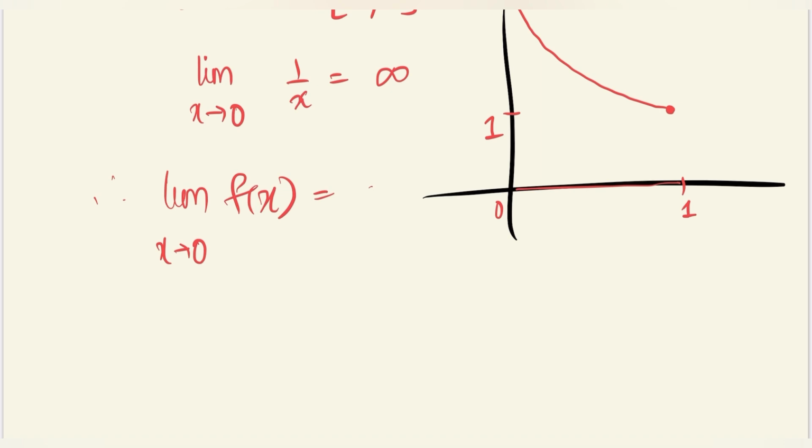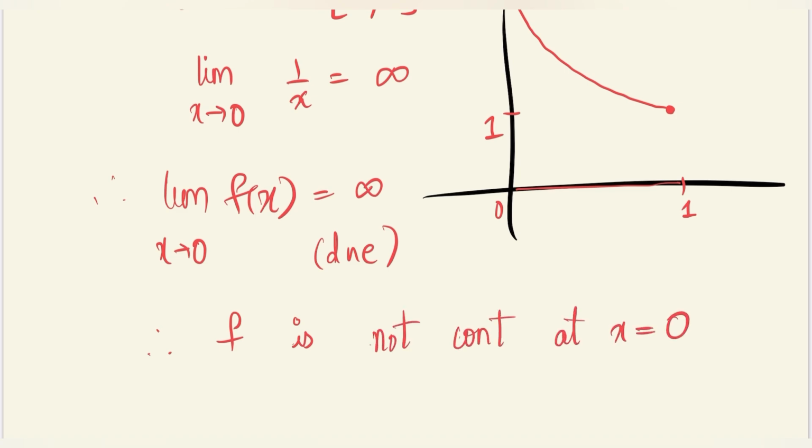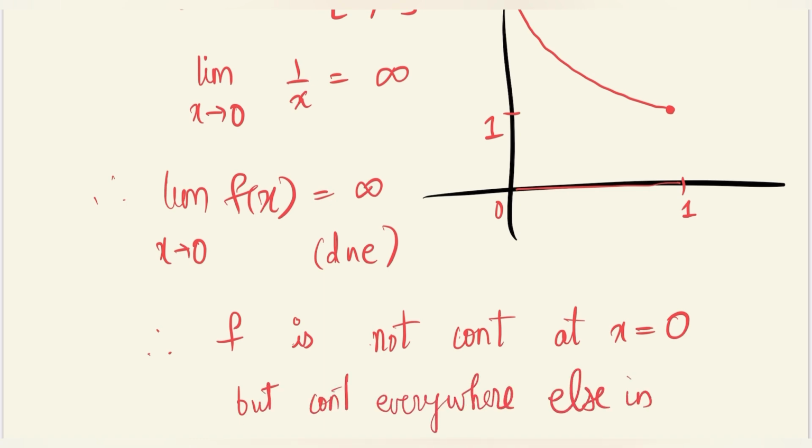It is actually equal to infinity. But this type of discontinuity is called an essential discontinuity, as I have already discussed earlier. So you say that the function is not continuous at x equal to 0, but continuous everywhere else in the domain, that is 0 to 1.